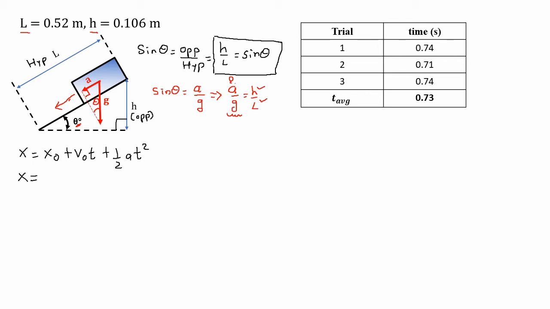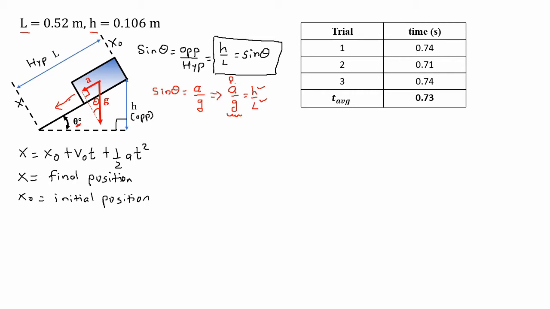X represents the final position of the block or the car, which is right here. X0 is the initial position, which is right here.